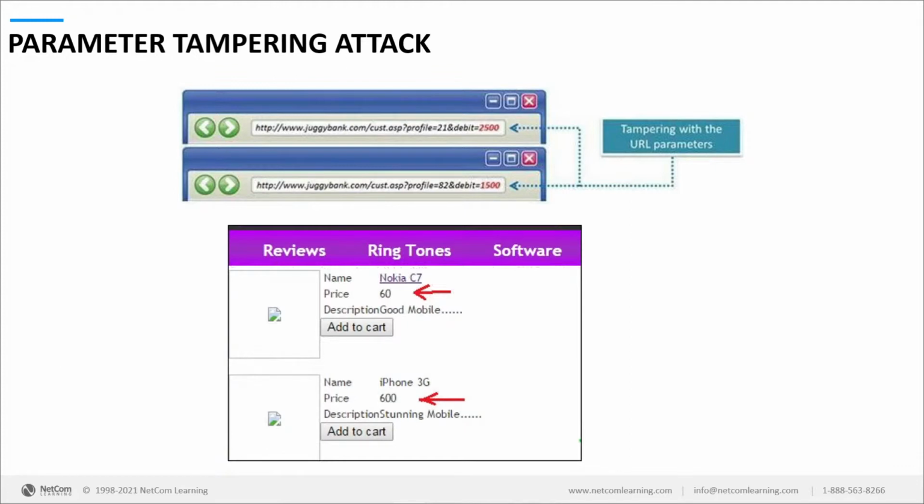But by manipulating everything after that question mark, where it says www.juggybank.com customer.asp, and if you know anything about web code, .asp is definitely a Microsoft IIS web server. Everything after the question mark is now a specific query looking at the profile. So you might try looking at a different profile, maybe profile 20 or 19.